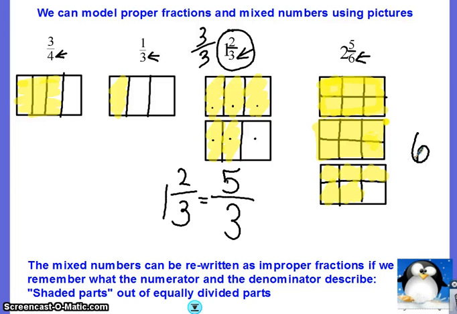So 6 is still our denominator because our wholes are still split into 6, but let's count up how many pieces we have. 1, 2, 3, 4, 5, 6, 7, 8, 9, 10, 11, 12, 13, 14, 15, 16, 17. Whew. 17 over 6, and that is the same as 2 and 5/6.